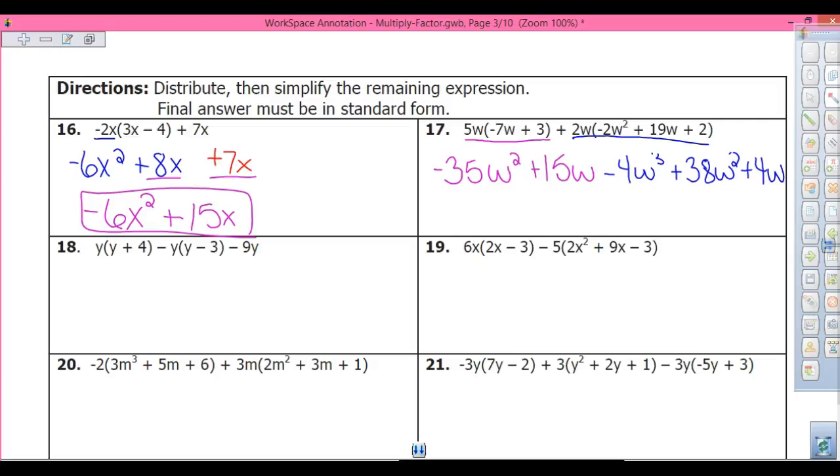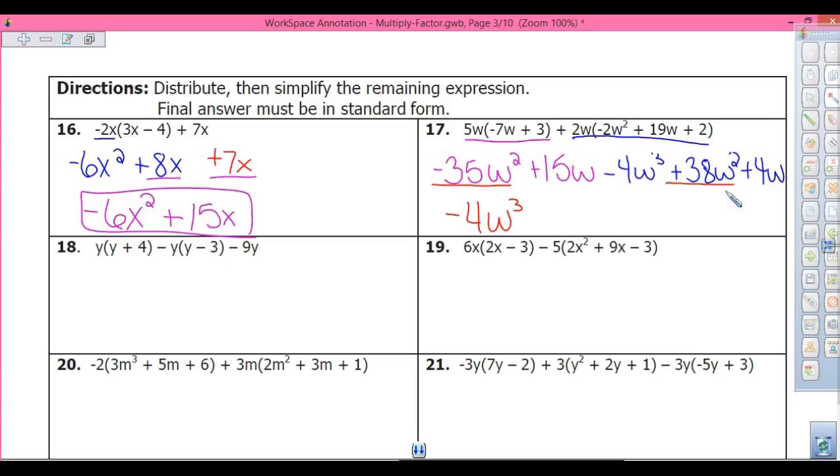Now when you rewrite this and you start putting stuff together, it needs to be in standard form. So what would come first in standard form? Negative 4w cubed comes first, because that's my highest exponent. Then we can combine my w squared. So negative 35w squared plus 38w squared.